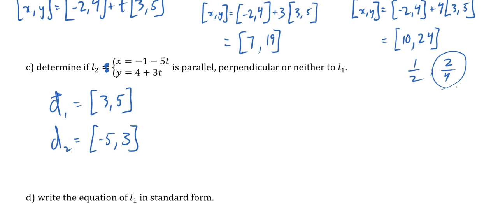But direction vectors might not be fully reduced, right? We don't think of it necessarily the same way. You could certainly do that if you were creating the equation of a line, make sure that it was reduced.